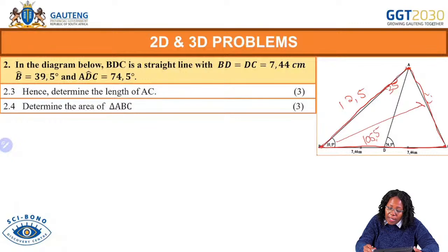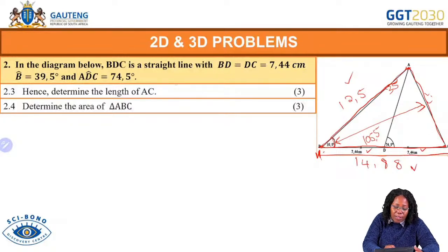The opposite angle to side AC is 39.5. And then you need to target the other two sides that include this angle. That means it's 12.5, and the length of this whole side here is 7.44 plus 7.44, which is 14.88 for the whole length up to here. Do we have all that you need?